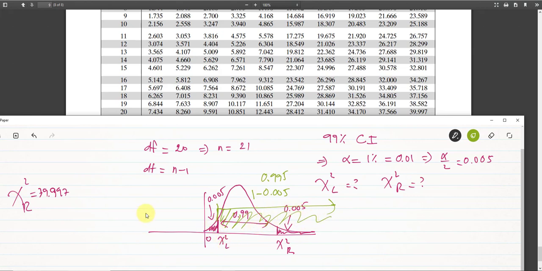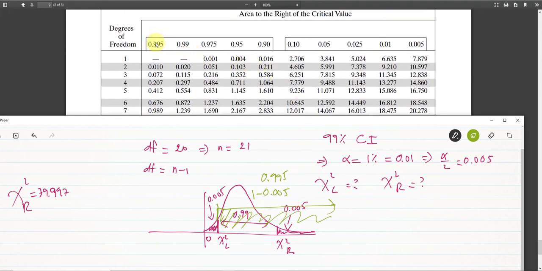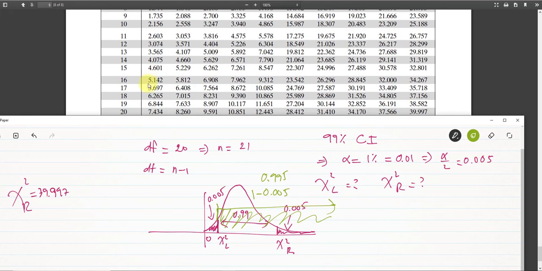So 0.995 is the right area, which is this column, and then you want to get to 20, so 7.434. Okay, so 7.434, and that is your critical value of the left and the right.